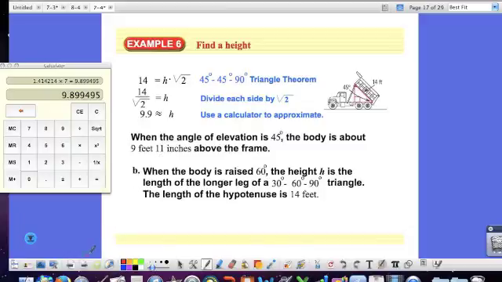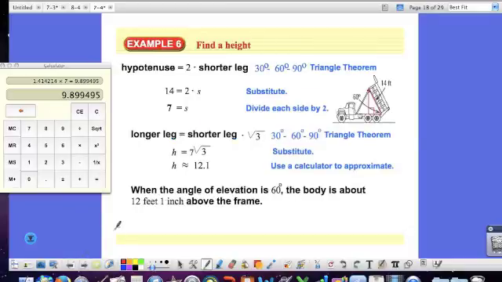Let's also look at the 30, 60, 90. And this is what I wanted to make sure I understood here. They're saying that since it's tipped 60 degrees, that's the angle of tippage, 60 degrees. So the hypotenuse is 14. We want to find the side across from the 60. That means if this is 14, the shorter side is 7.